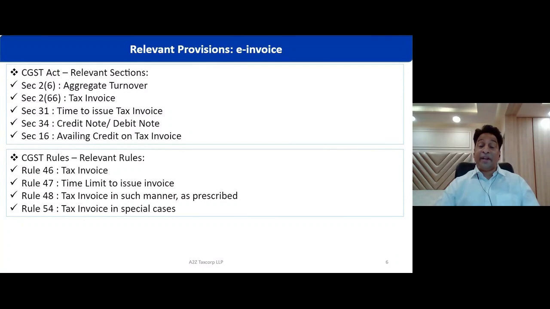If you look at the relevant rules which are important for discussion on e-invoice, then we got rule 46 of CGST rules talking about tax invoice. Rule 47 is talking about time limit for issuing invoice. Rule 48 is the important one, and amendment is being made in rule 48 that tax invoice, which is now going to be e-invoice, is to be issued in such manner as prescribed.